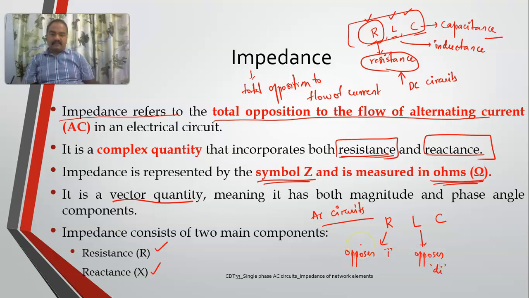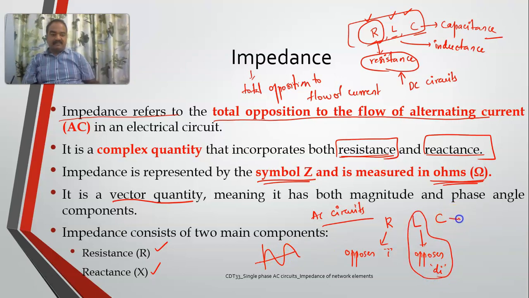Only when there is a change in current does it oppose. And in DC circuits there is no change in current with respect to time unless you vary it. So that's why I haven't discussed inductance in DC circuits. Whereas in AC circuits, you have the signal varying with respect to time all the way. So in this case, this change in magnitude with respect to time can be opposed by inductance.